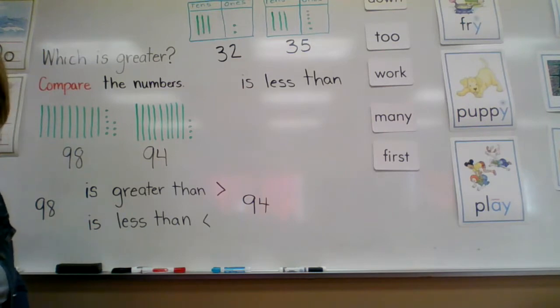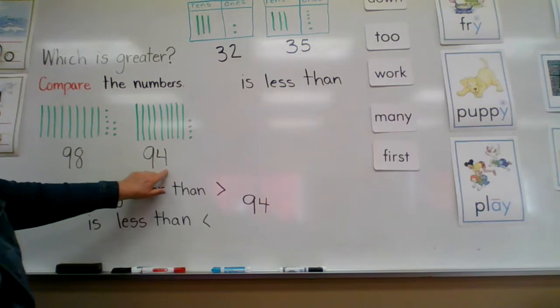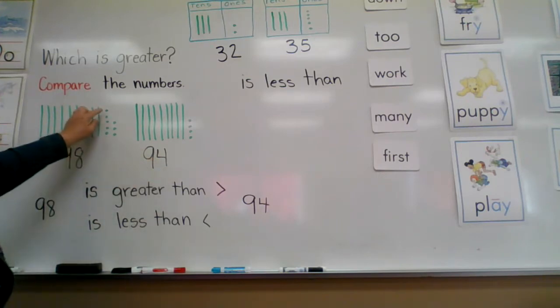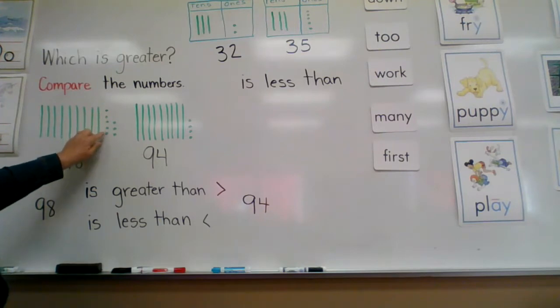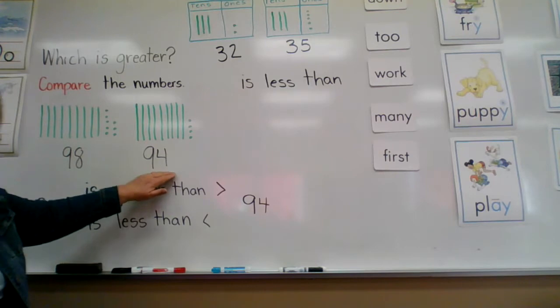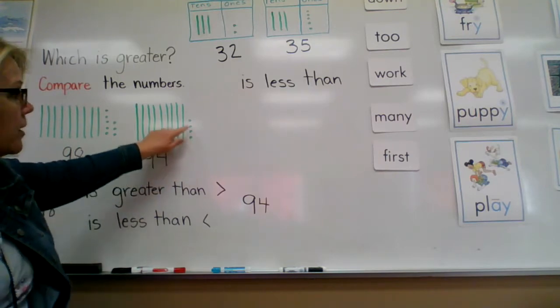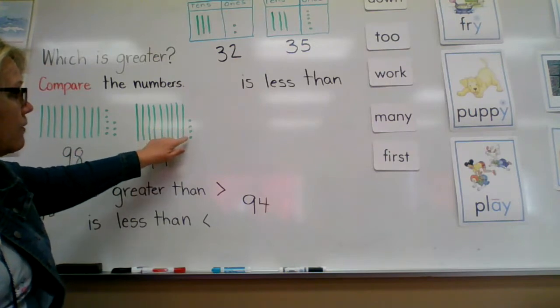Since those numbers are the same, we have to look at the numbers that are in the ones place. So we count the number of ones in 98. 1, 2, 3, 4, 5, 6, 7, 8. And then we go to the number 94 and we look at how many ones are in 94. 1, 2, 3, 4.